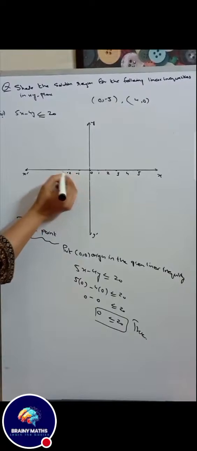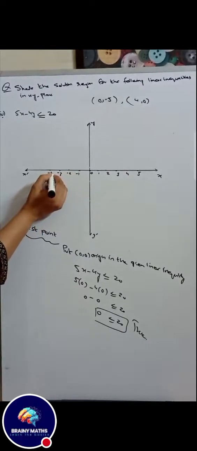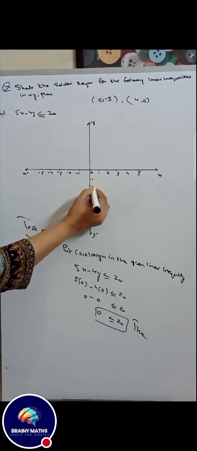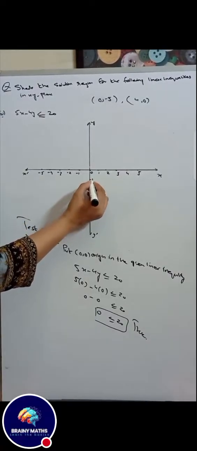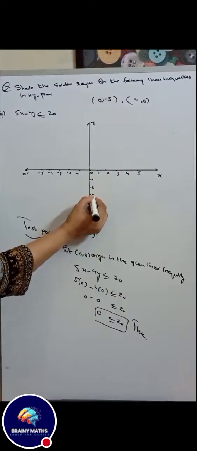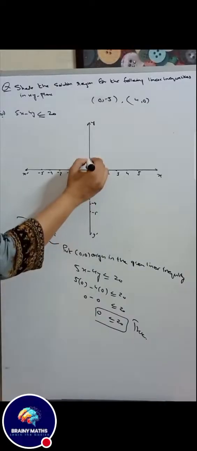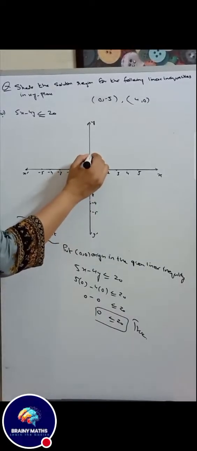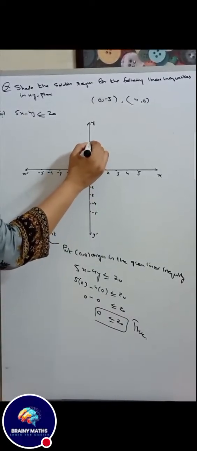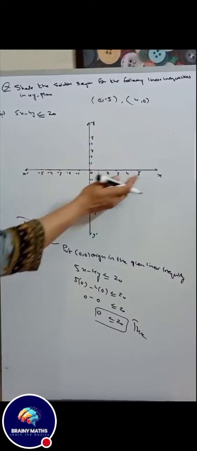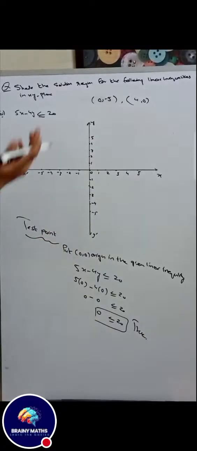Opposite, minus 1, minus 2, minus 3, minus 4, minus 5. Similarly, 1, 2, 3, 4, 5. We can add 6, 7 and so on, but right now I think it's enough.